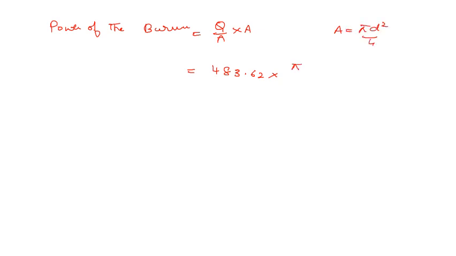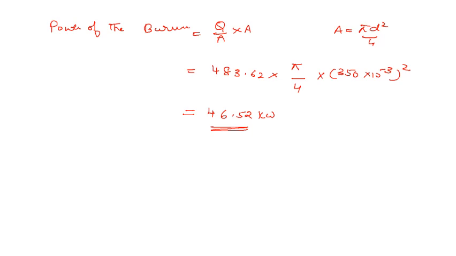So it is pi by 4 into 350 into 10 to the power minus 3, whole square, and that turns out to be 46.52 kilowatt. So this is the power of the burner.